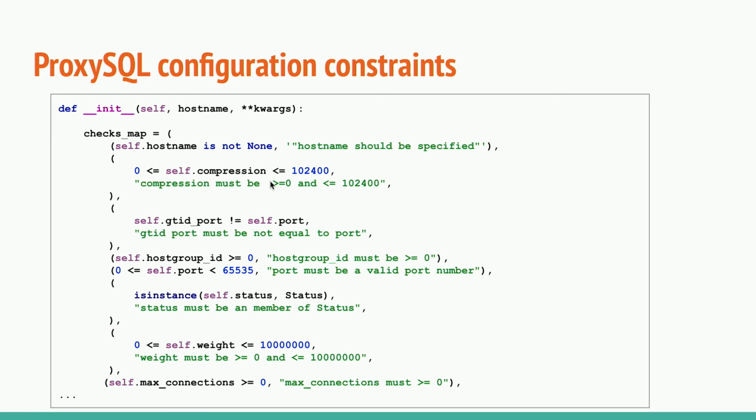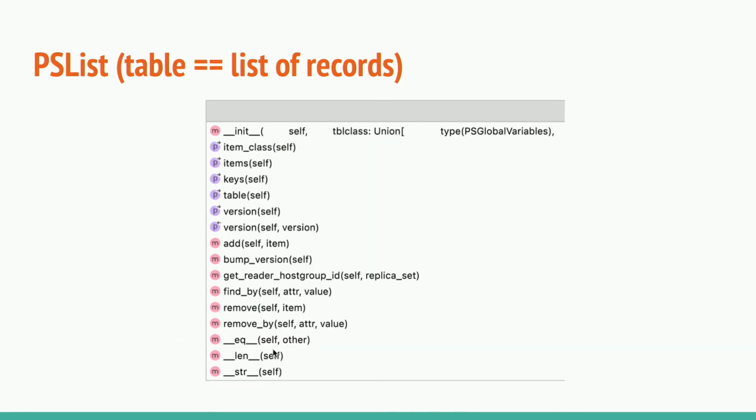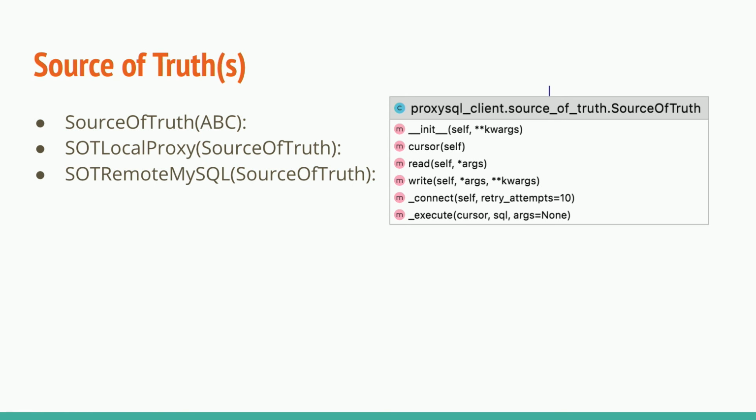ProxySQL enforces some specific values of these attributes, and to make sure that the configuration is valid, we implement this in the init function. PS list is a list of configuration options, which is the equivalent of a table in ProxySQL. The source of truth is a set of classes that defines the ProxySQL configuration. It can compare these two, and if there are changes, it applies the change.